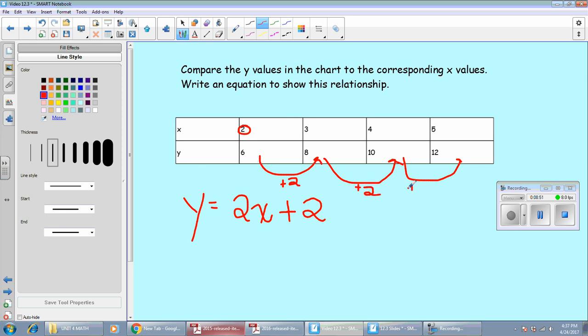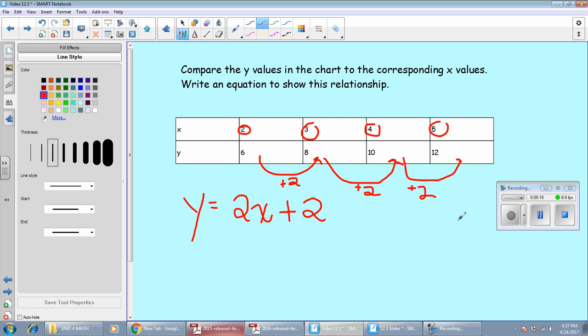And if I multiply 2 by 2, I get 4. And then in order to get to 6, I added 2. And then I was seeing if that was the same pattern for x being 3. 3 times 2 is 6, add 2, it's 8. 4 times 2 is 8, add 2, it's 10. 5 times 2 is 10, add 2, it's 12. And there I was able to find out that the equation is y equals 2x plus 2.